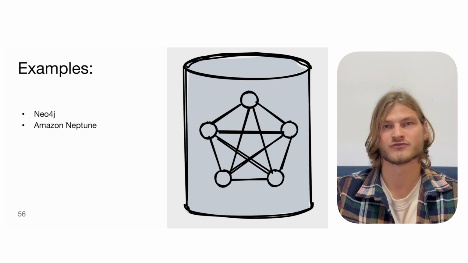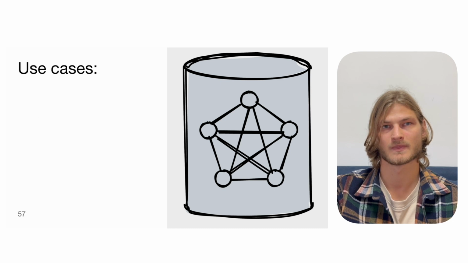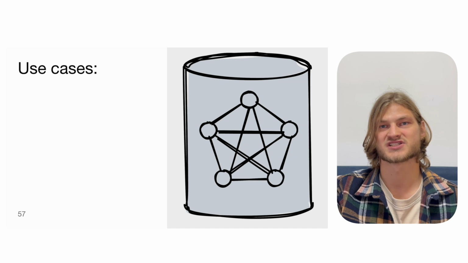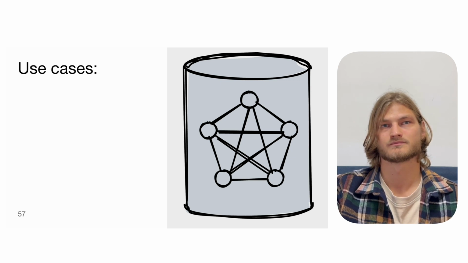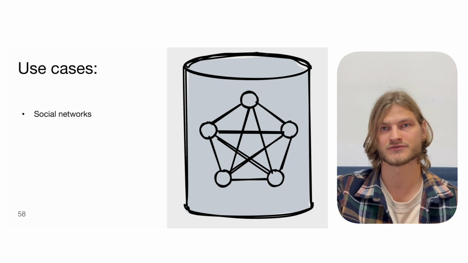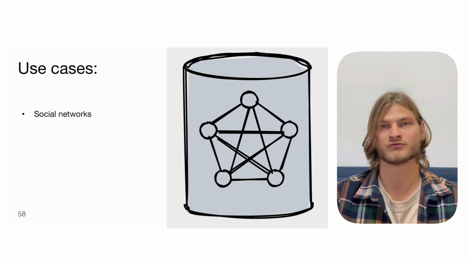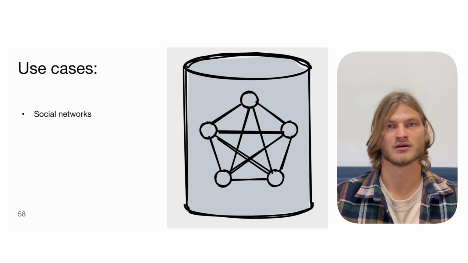Examples of such systems are Neo4j and Amazon Neptune. Use cases for such systems are social networks. It's really good for social networks. You can store connections of friends in social networks and other connections that you need.